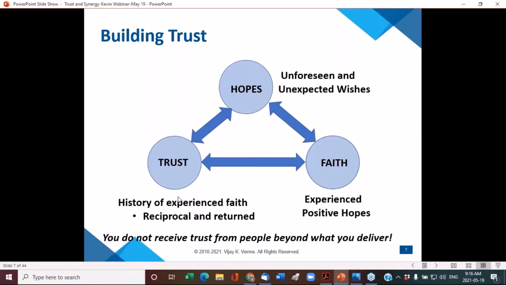Let me give you an example. You're trying to look for a financial advisor, and I'm just going through that in the last 2 weeks, because my financial advisor left, immigrated to the US to be with his wife, and now I'm stuck finding a new financial advisor. So the important thing with that relationship is, are they meeting your hopes?